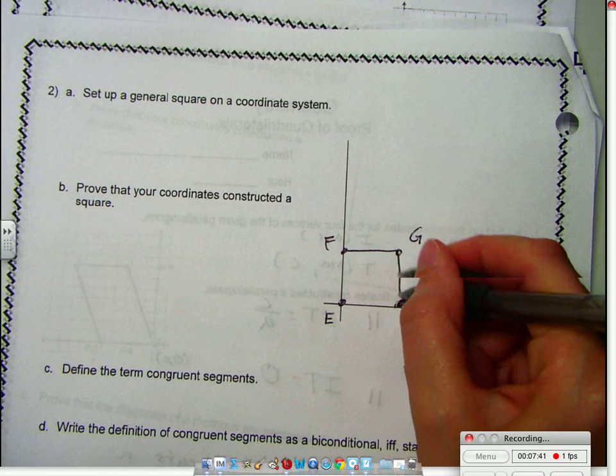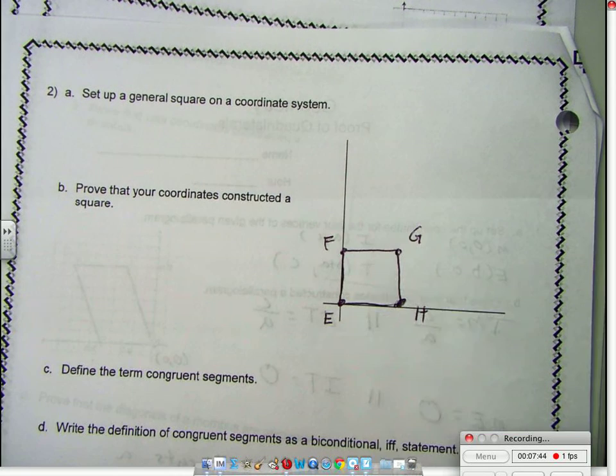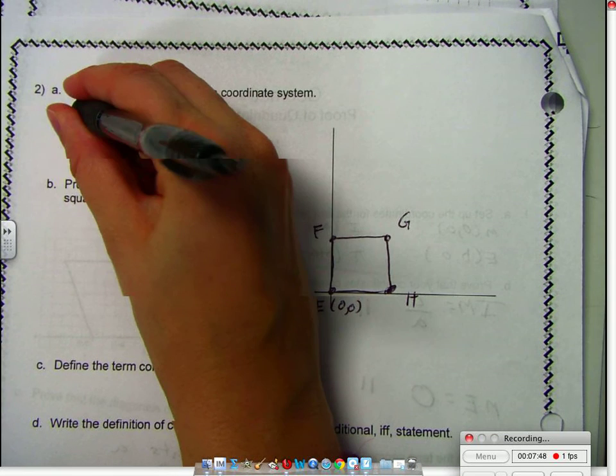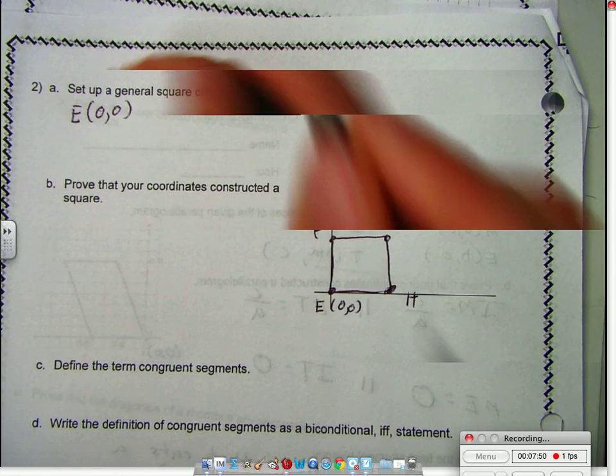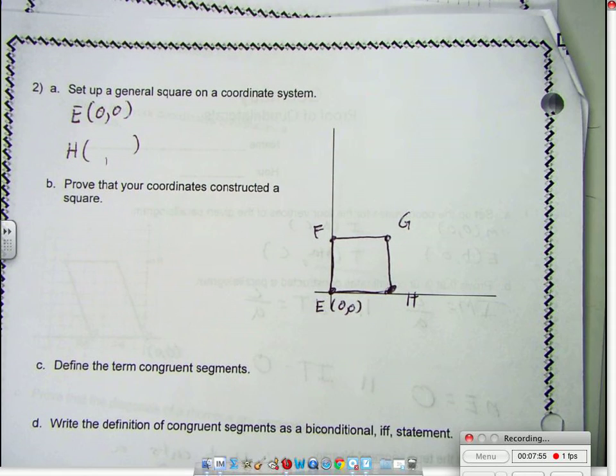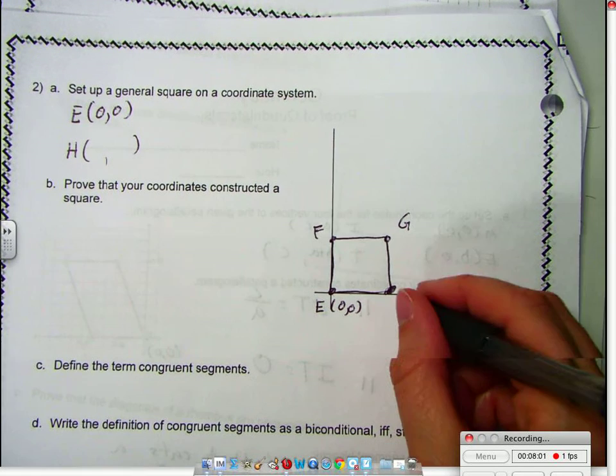I'm going to make E 0, 0. What do we want to make H, guys? How much do we want to say H is over? You have to give me a letter. Okay. K is fine. K comma 0.